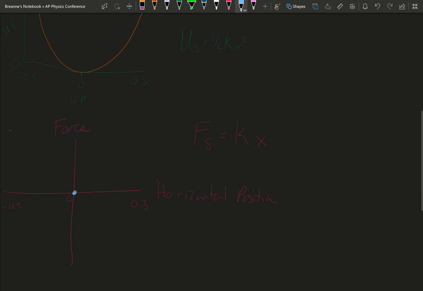So literally, your force graph is going to be a straight line. It's going to be negative when your position is negative. It's going to be positive when your position is positive. There you go. It's going to look something like that.